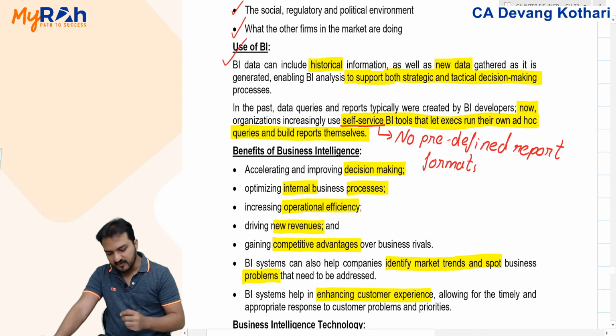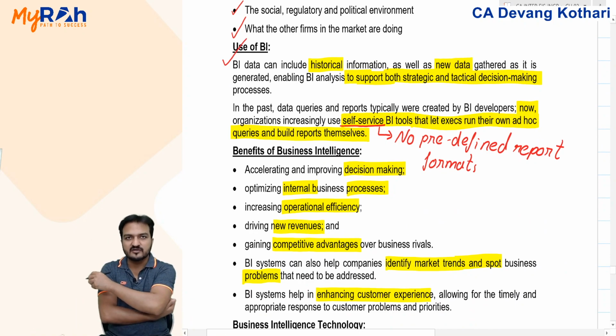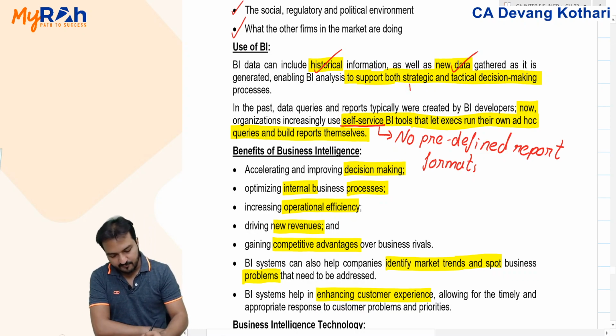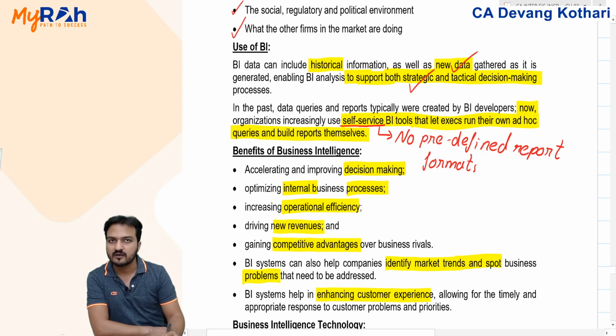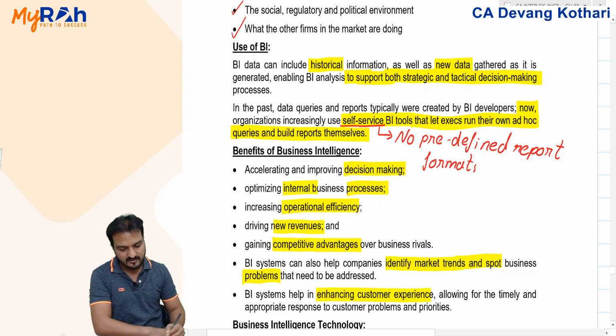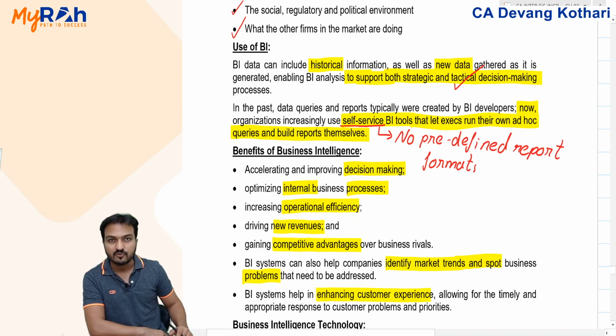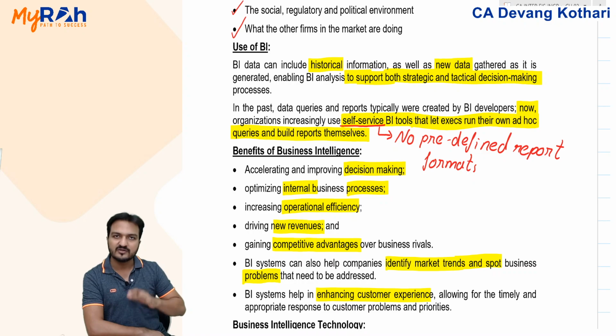Use of BI: BI can use historical data as well as new data to generate reports for you. It can help you in both strategic and tactical decision making. Strategic means top level decisions, long term decisions. Tactical decisions are like routine day-to-day decisions. It can help you by giving reports for all these types of decisions.